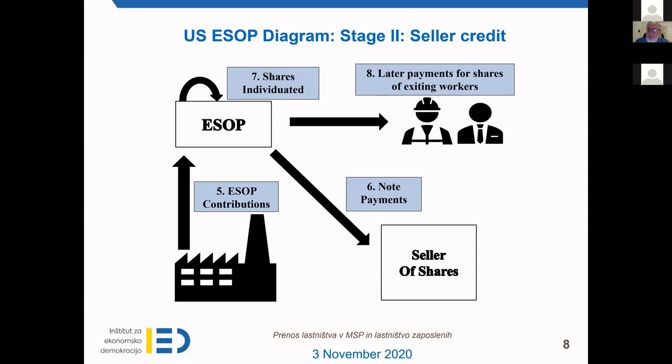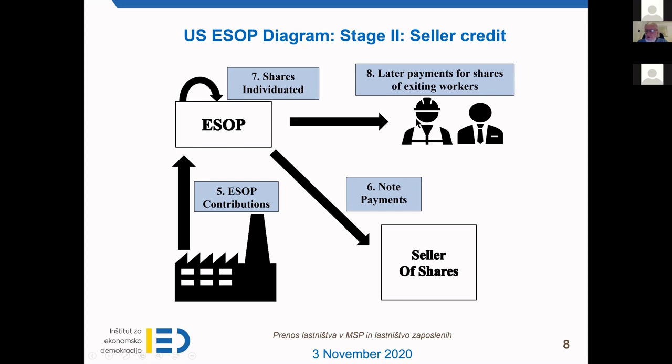And so in the proposed legislation for the Slovene ESOP, we're proposing what is called the rollover plan. So you buy back the shares after a certain period of time. In particular, after you pay off the note to the seller, the ESOP contributions keep coming, but then you start buying out the oldest shares, the shares that were first put into the accounts.